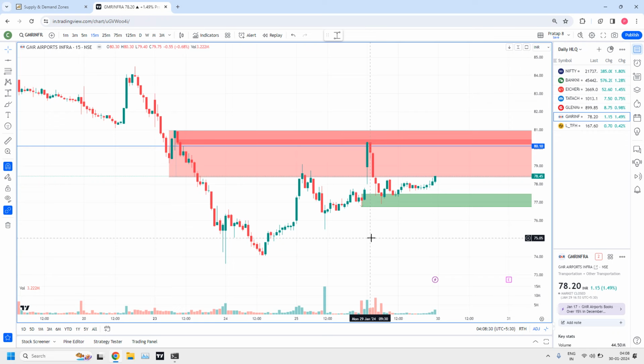The reason is high liquidity zones have the capacity to give short-term returns. Short-term returns means the returns you will get in the next 3 to 5 days. Whatever returns you are supposed to get in the next 3 to 5 days, the same returns we are getting during intraday itself.